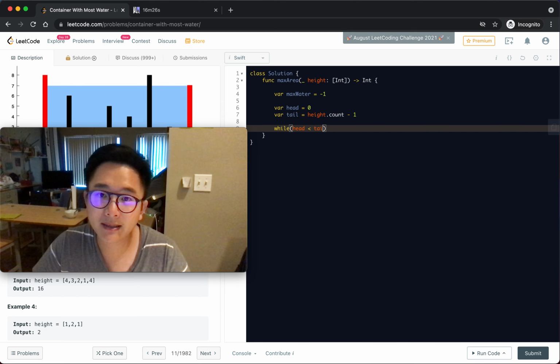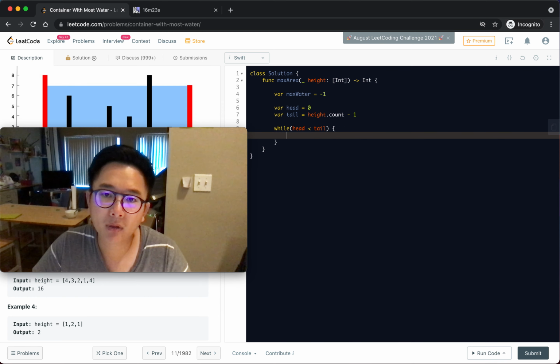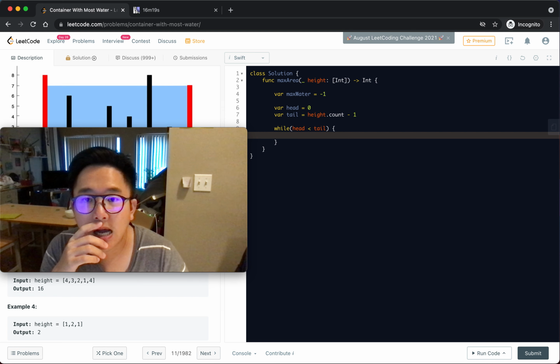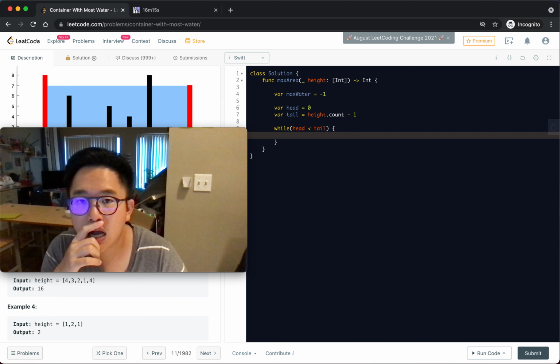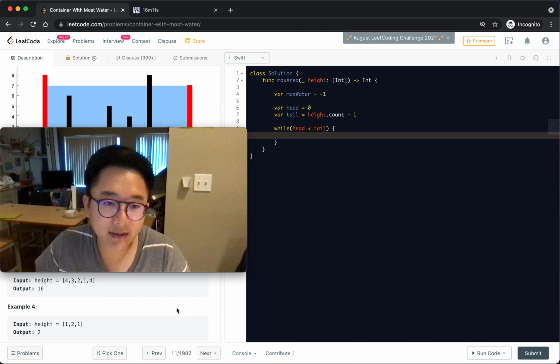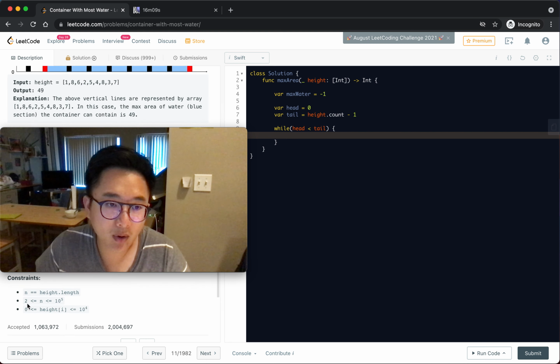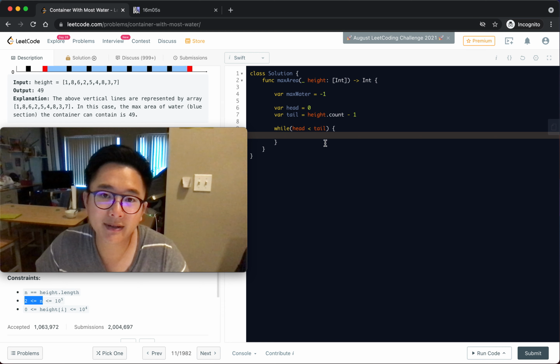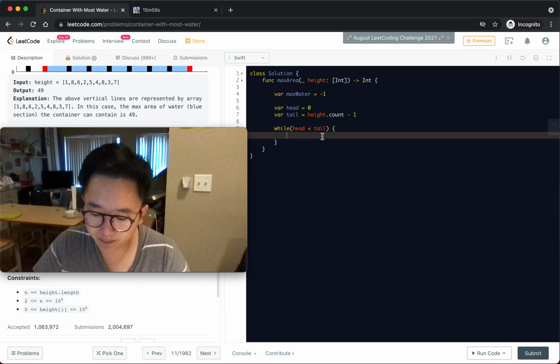So while head is less than tail. Since the array will be larger than 2, we don't need to think of a scenario where area is 0. So this is fine.